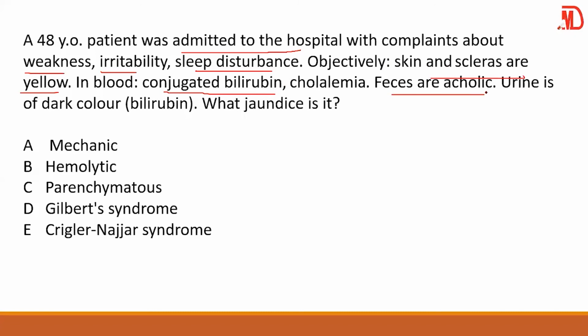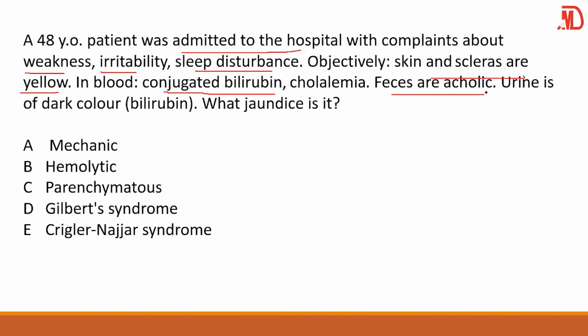I remember we spoke about the difference between conjugated jaundice and unconjugated jaundice. We said in conjugated jaundice, the feces are always colorless, or white, or pale. Acholic means there's no color.